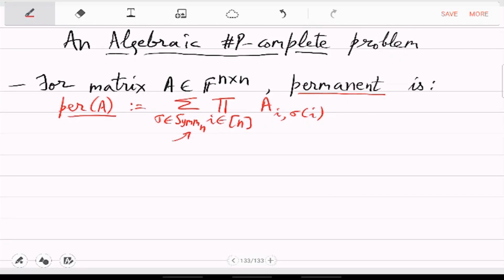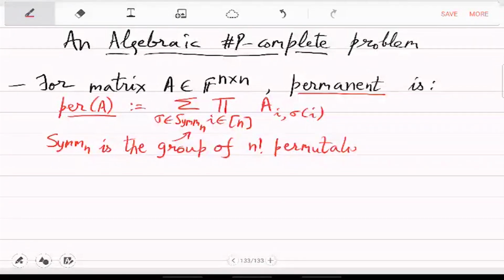Okay, so there are n factorial terms in the definition of permanent. So S_n is the group of n factorial permutations of n.